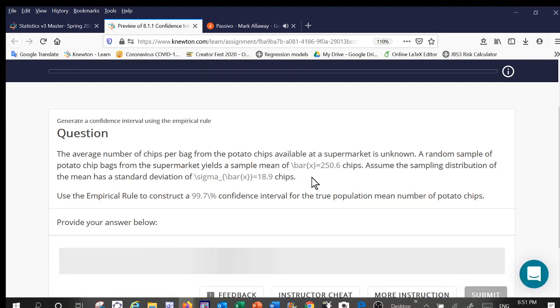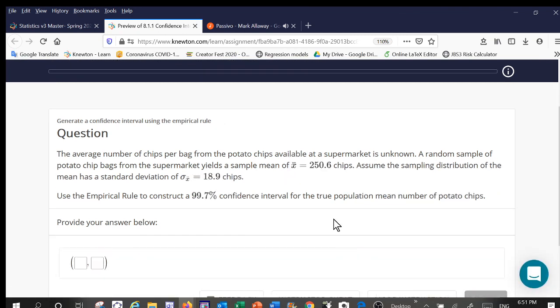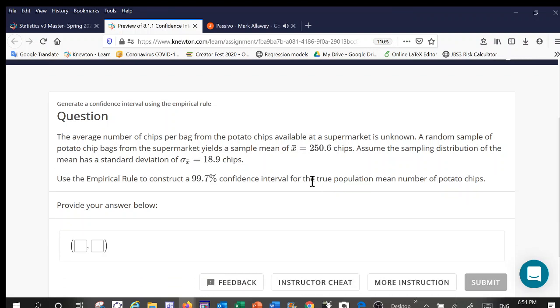It says the average number of chips per bag from potato chips available at a supermarket is unknown. So the average number of chips you get per bag is unknown. A random sample of potato chip bags from the supermarket yields a sample mean of 250.6.